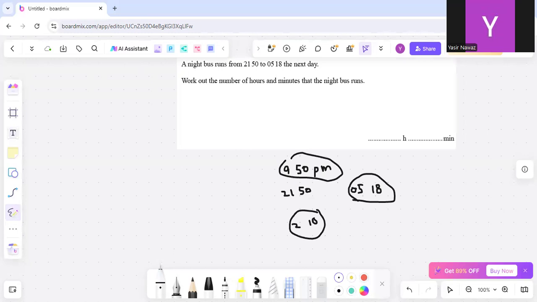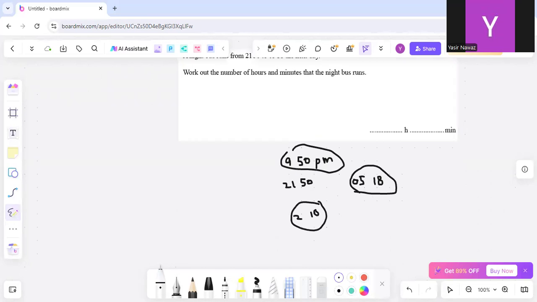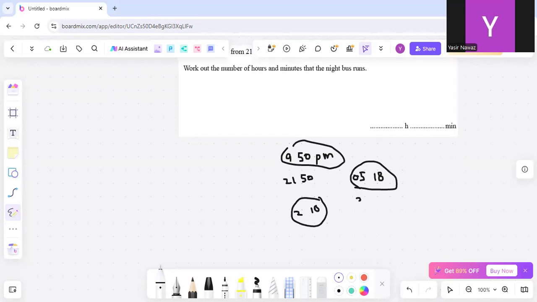From 9:50 to 12 o'clock, there are 2 hours and 10 minutes to go. And then 12 to 5:18, there are 5 hours and 18 minutes. If I add these two times, 18 plus 10 is 28 and 5 plus 2 is 7.